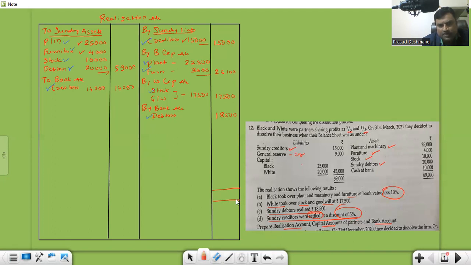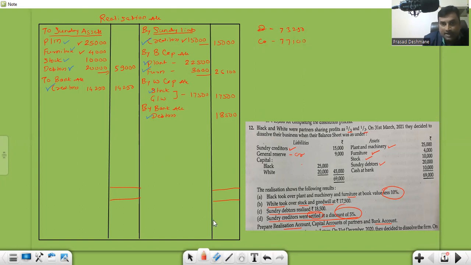Same logic. First, we'll check the heavier side. Which is the heavier side? I'll total both sides and check. 59,000 plus 14,250, so on the debit side I'm getting 73,250. And I'll check the credit also: 15,000, 26,100 plus 17,500 plus 18,500, which is 77,100.